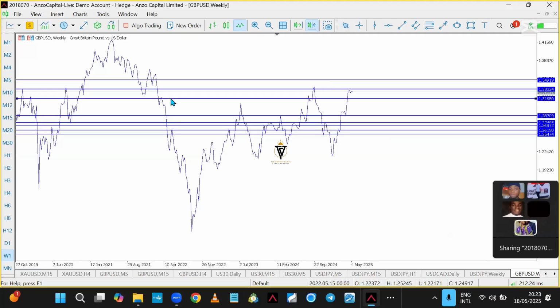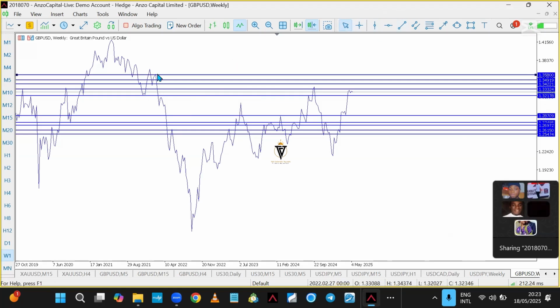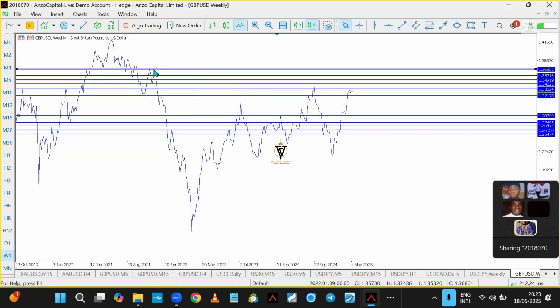Or let me see one more directly below price. This is above price here. 1, 2, 3. So this is okay.